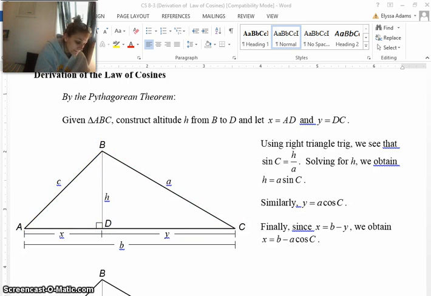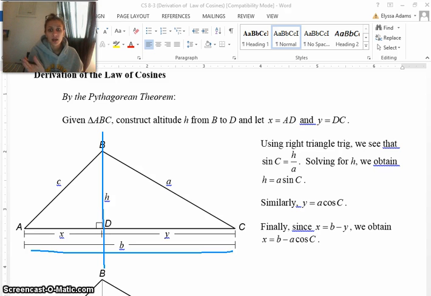Also notice that when I dropped in that perpendicular h, I broke up the side b. Remember, b was this whole length down here. Well, this altitude cut it into two separate pieces, and for this example, I'm going to name those pieces.